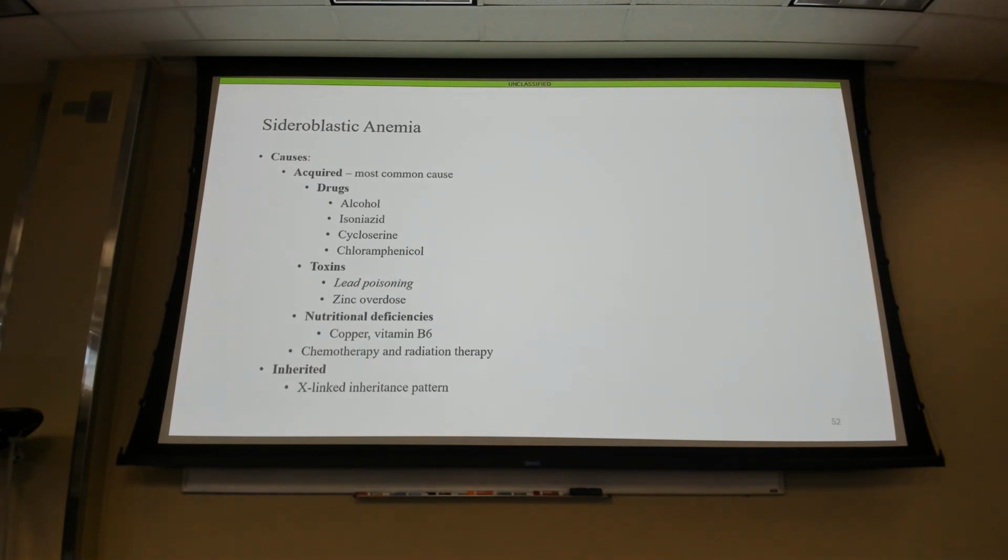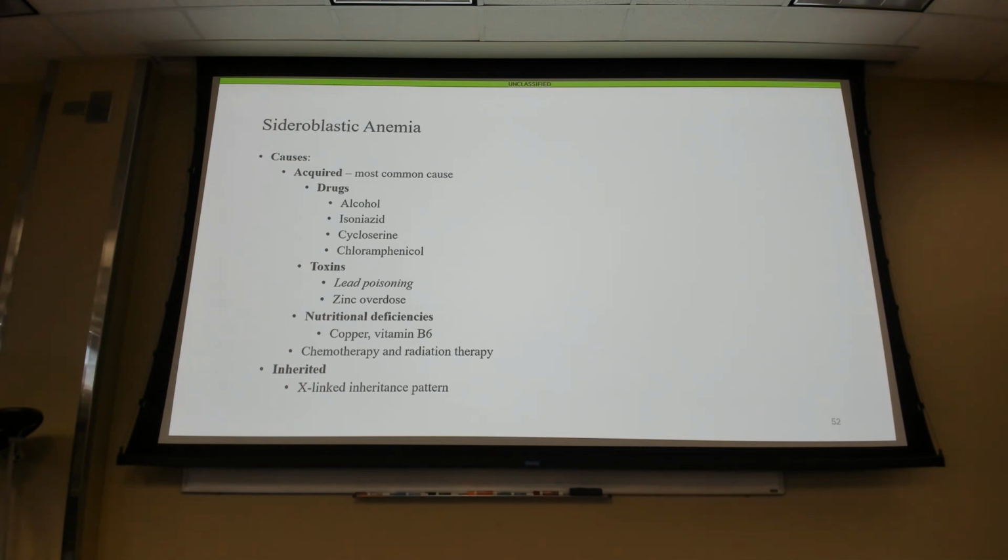All right. What causes sideroblastic anemia? The majority of the time it's acquired. So alcohol can. Isoniazid, what do we give isoniazid for? So drugs, toxins, lead poisoning, zinc overdose, some nutritional deficiencies, or in some cases it's an inherited problem.